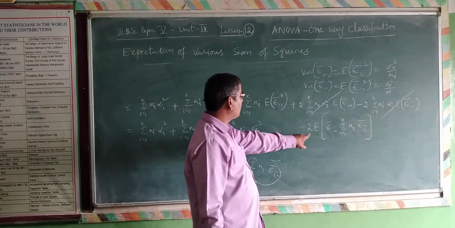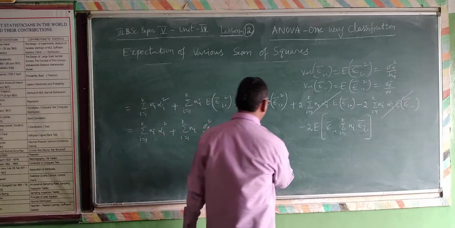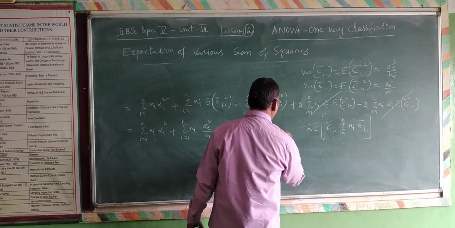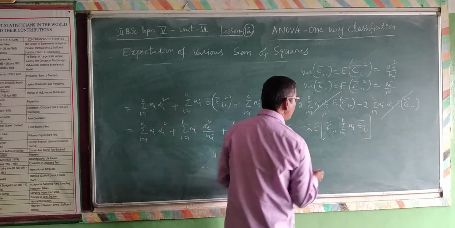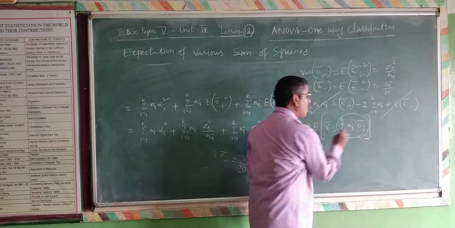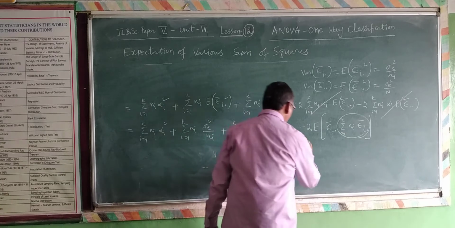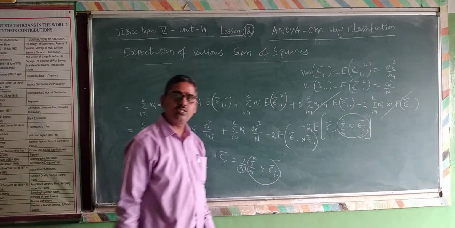Only the other term is left, this last term, which I am now replacing with minus 2 into the expectation of epsilon bar dot dot multiplied by, this is what I am writing, N into epsilon bar dot dot. You understand this?